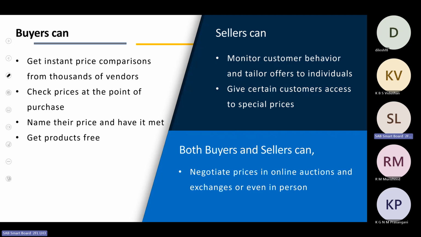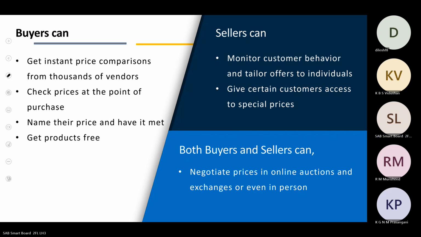Sellers can monitor customers' behavior and tailor offers for individuals. On eBay and these online sites, so many companies are promoting offers, bundling different products that we normally buy. Sometimes customized offerings can be there based on what we are buying on these online sites.